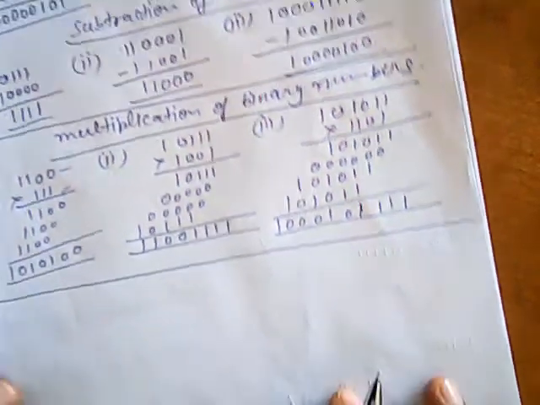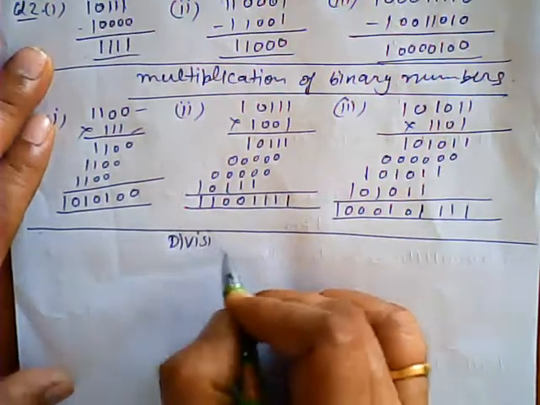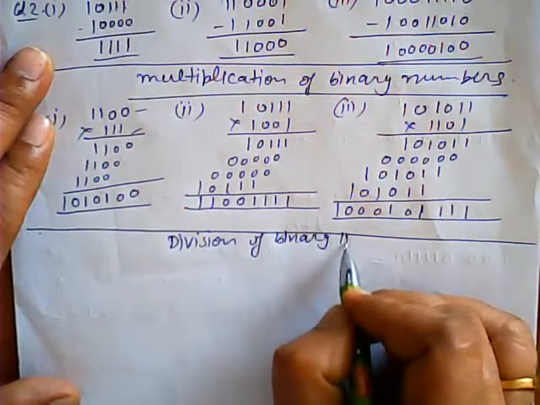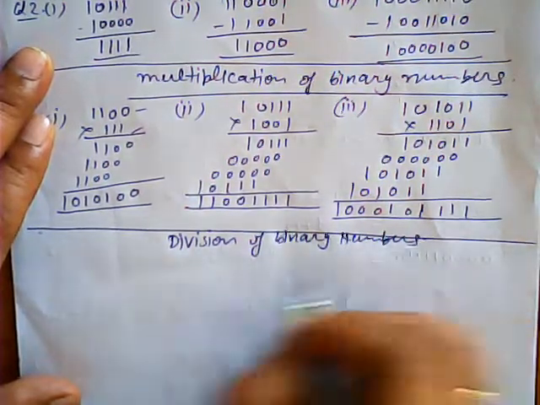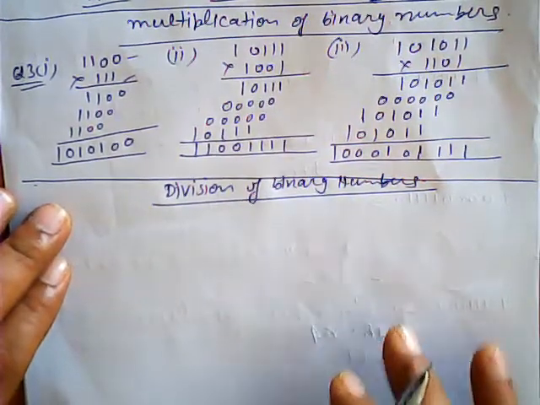Now division of binary numbers. How can we divide?